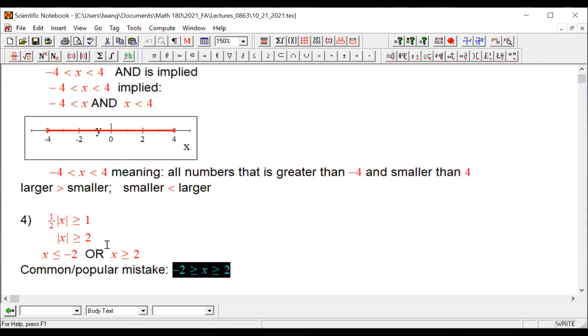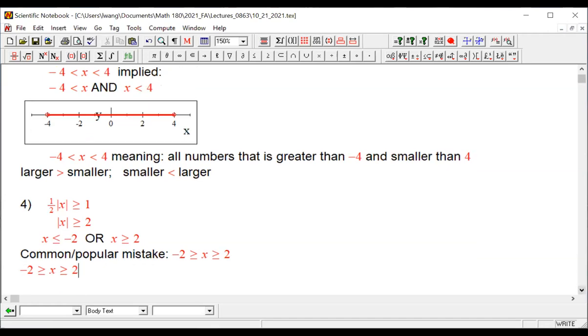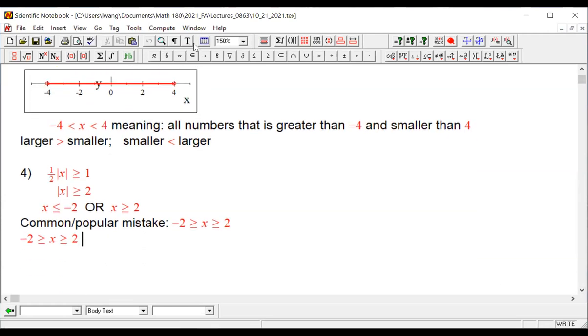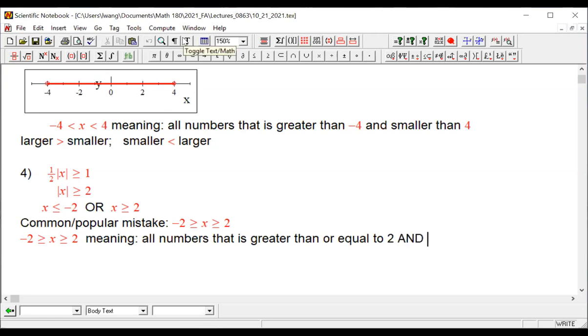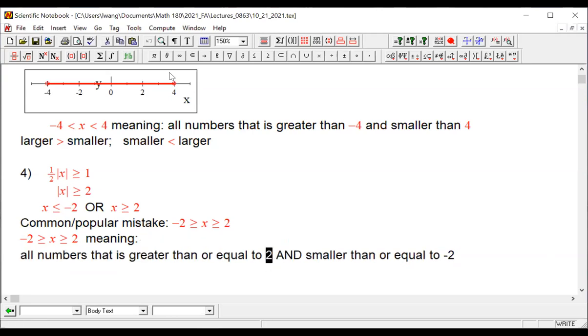What is the meaning of this one? It is all numbers that are greater than or equal to 2 and smaller than or equal to -2. You follow me?